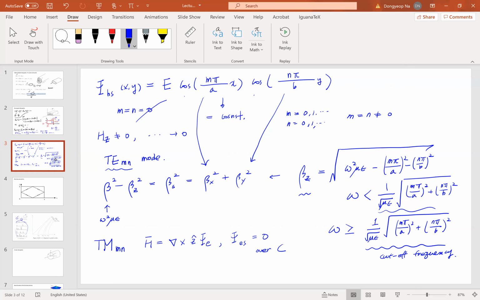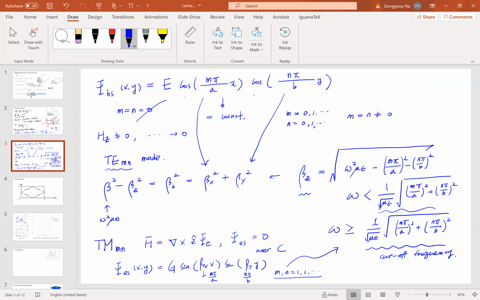Okay. And then in that case, the transverse field solution is given by a constant times sine beta x and sine beta y. You can also find the cutoff frequency of this mode. It's also going to be m pi over a and n pi over b. But in this case, m and n should start from 1. Otherwise, the field solution becomes 0, which is a trivial solution.